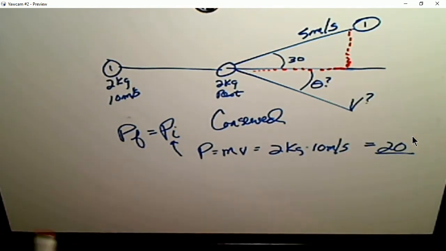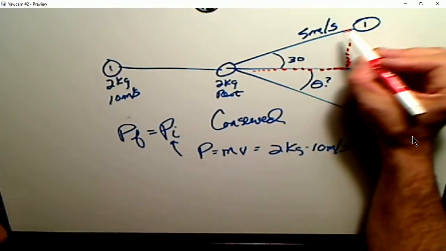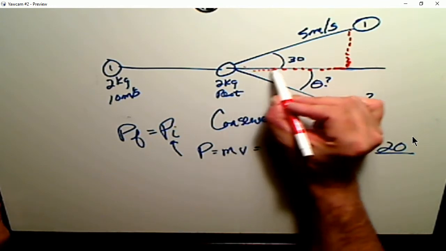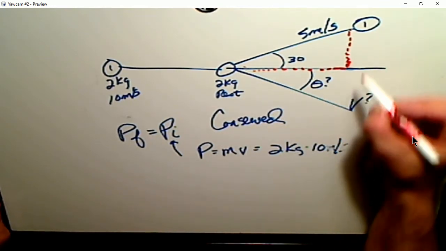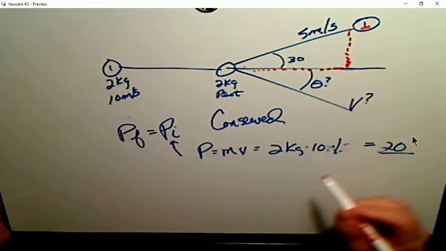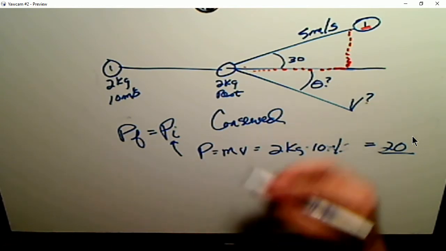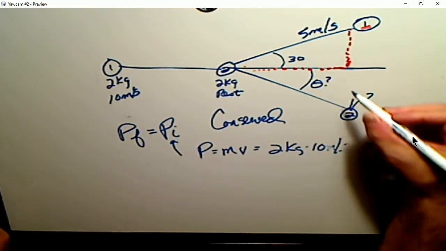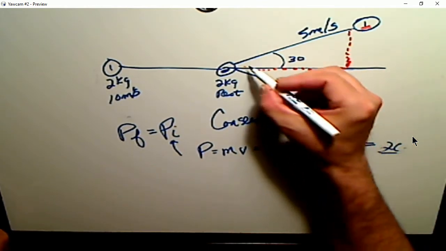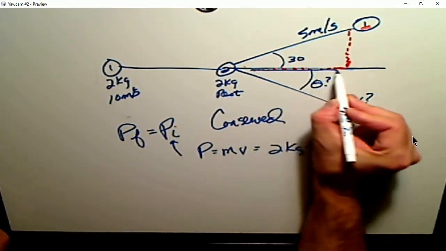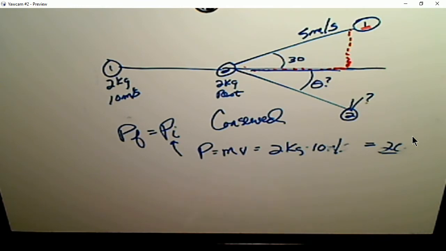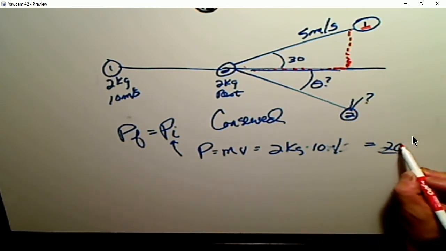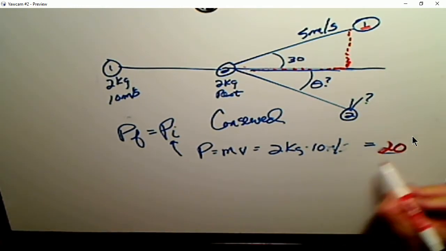So, the combination in the x direction of this vector here and ball 2 vector in the x direction, okay, it also has a velocity in that direction. They must equal 20.